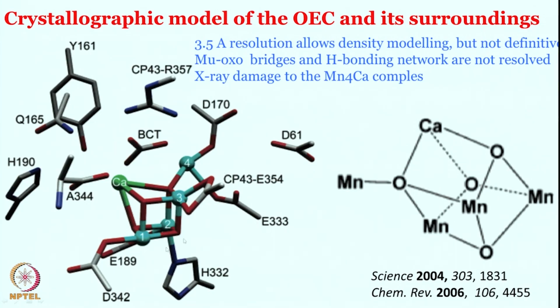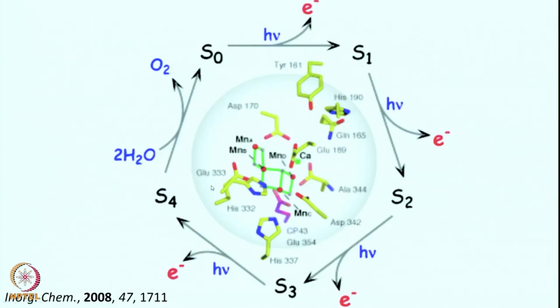So, although this is not reliable data for 4 manganese 1 calcium, people still believe it would be some combination of these species involved in the oxygen evolving center. Although this structure is quite interesting, we have to keep this in suspense right now.